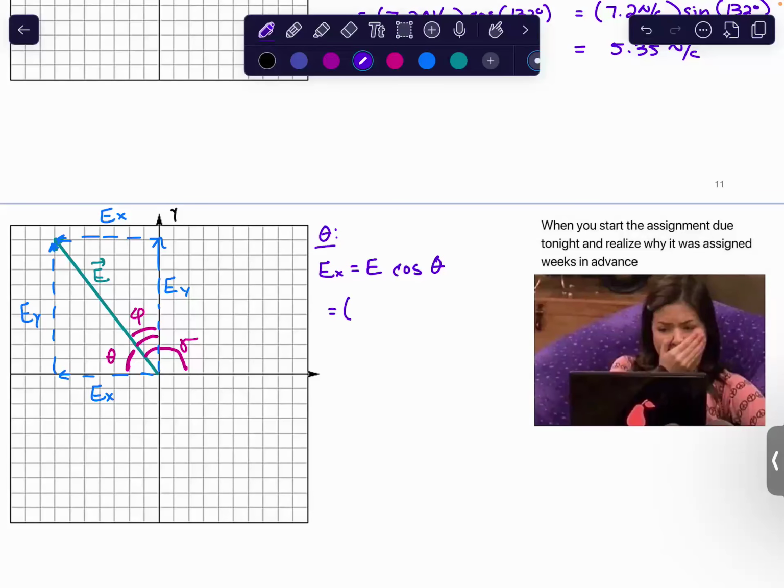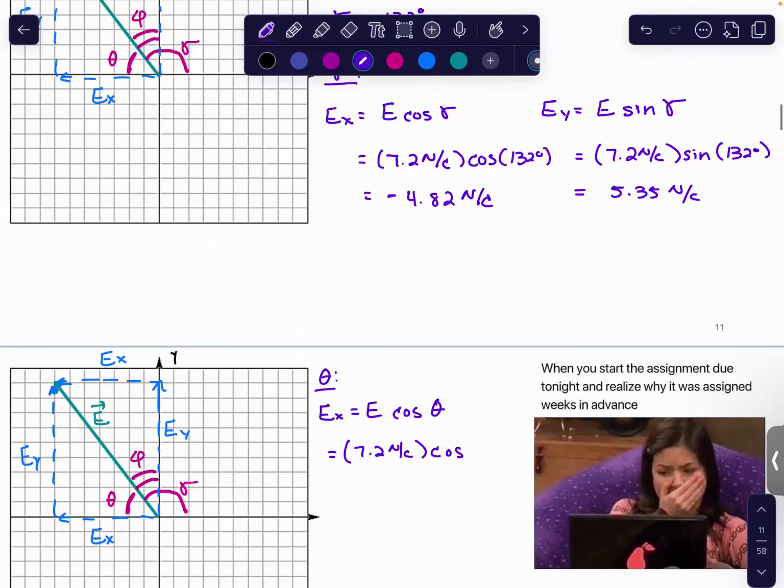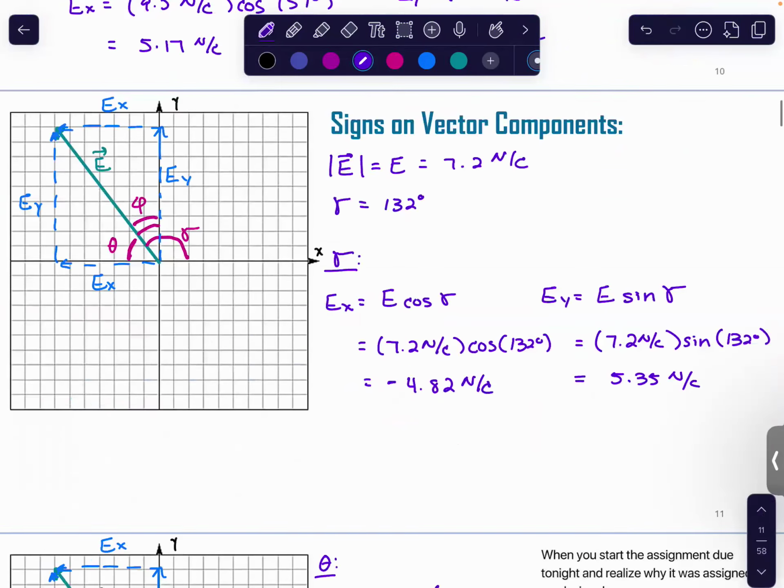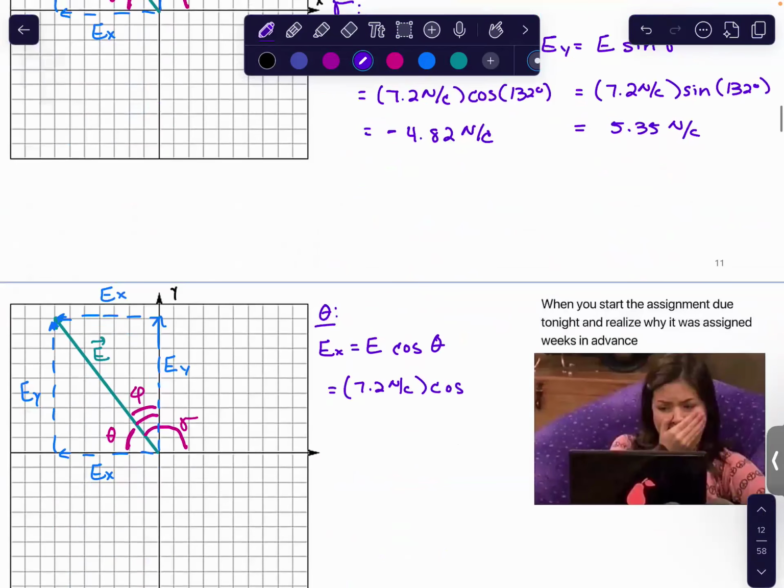So if we did that, we would get 7.2 newtons per coulomb cosine. Oh, but hang on. We don't have angle theta. We only have the 132 for gamma.